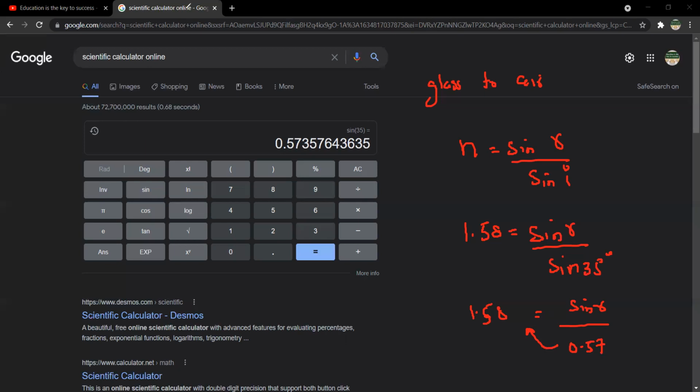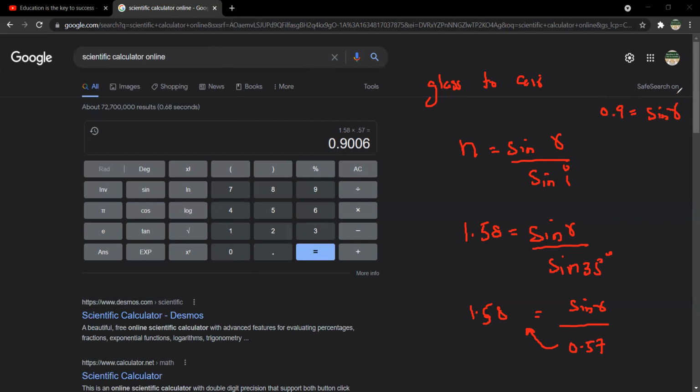So 1.58 multiplied by 0.57 is 0.9. So when we multiply these numbers, we get 0.9. So 0.9 is equal to sine r.